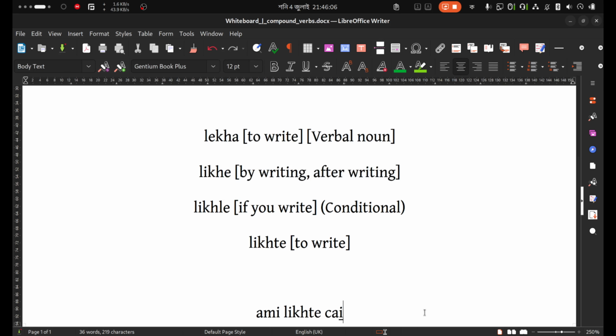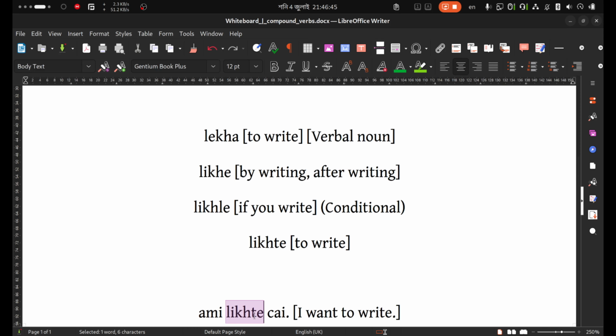আমি লিখতে চাই, I want to write. লিখতে চাই is a compound verb. Actually, I think I should not consider it a compound verb.